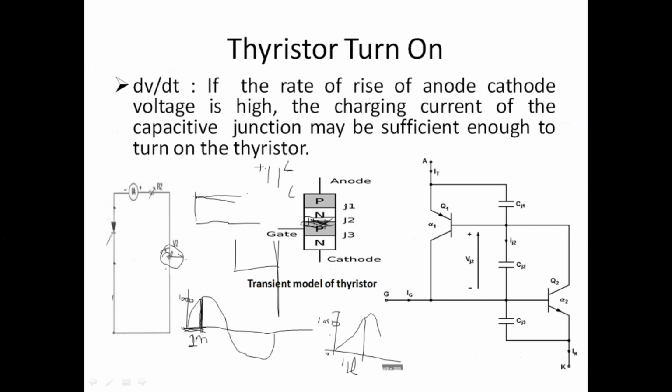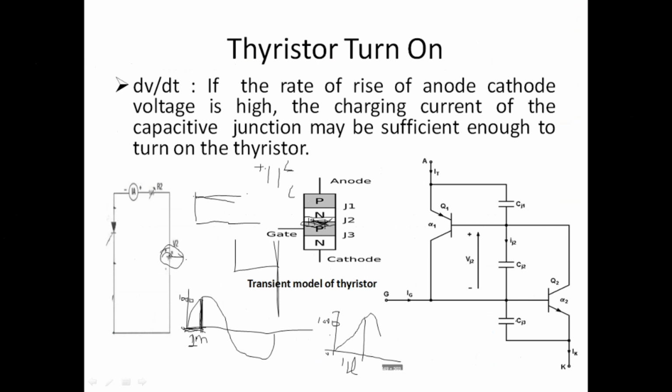barrier, usually a very small barrier potential, but the J1 junction is there, and J3 is also there, but it is forward biased, so this effect is 0.